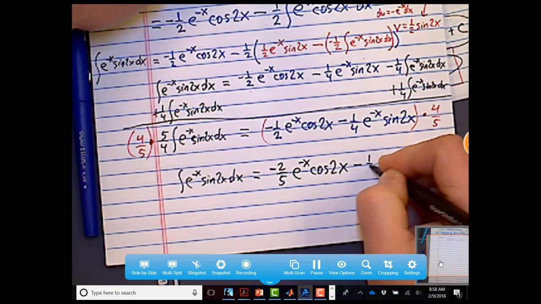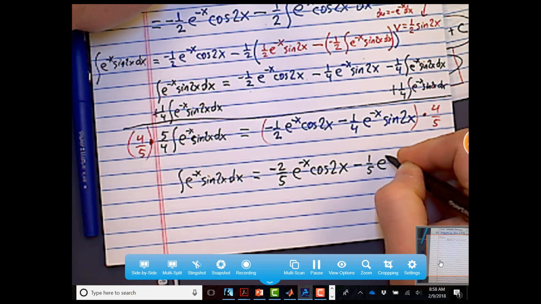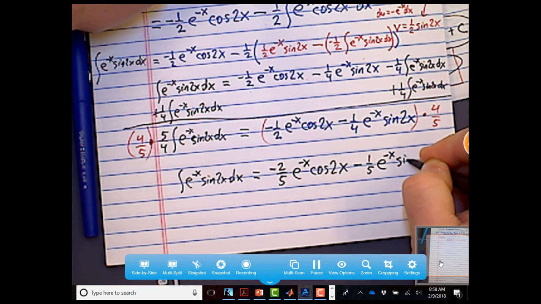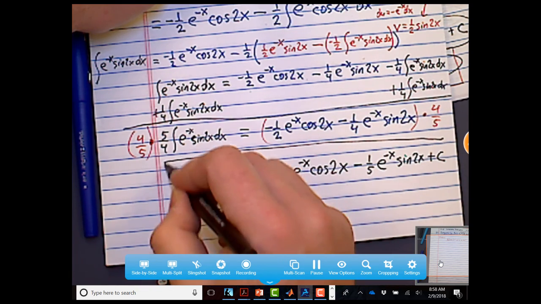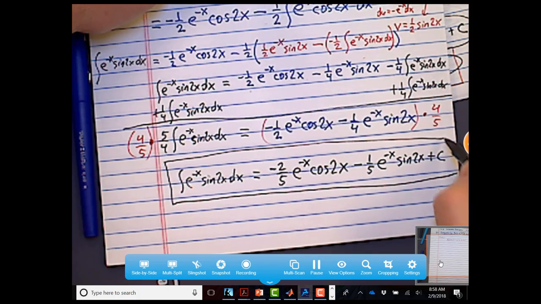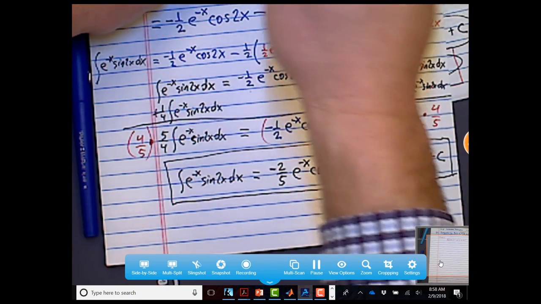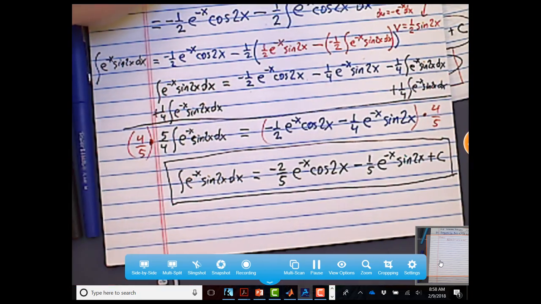Minus 1/5 e to the negative x sine of 2x. And actually at this point I should put my plus c. That's a beautiful, beautiful problem.